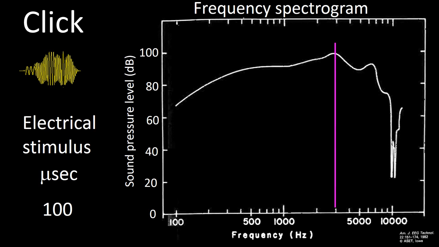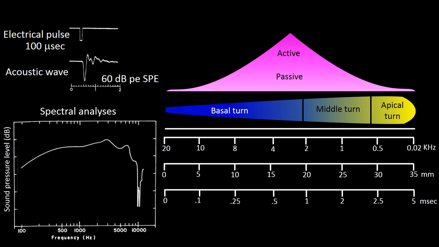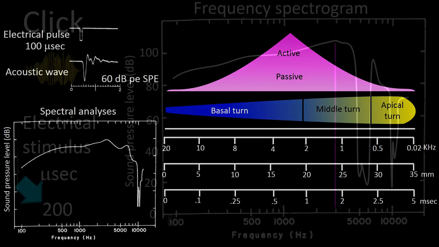The frequency spectrum of a 100 microsecond click is presented on this page. Basilar involvement, represented by the pink triangle, indicates that the maximal activity of most commonly used clicks is in the 3000 Hz range.